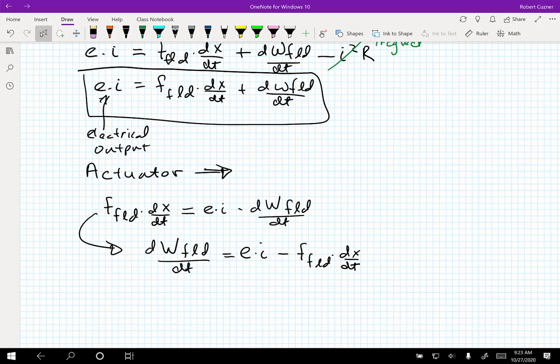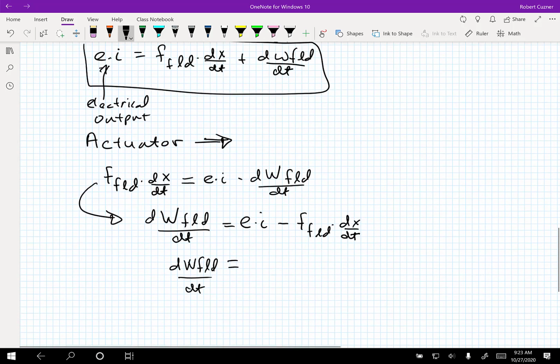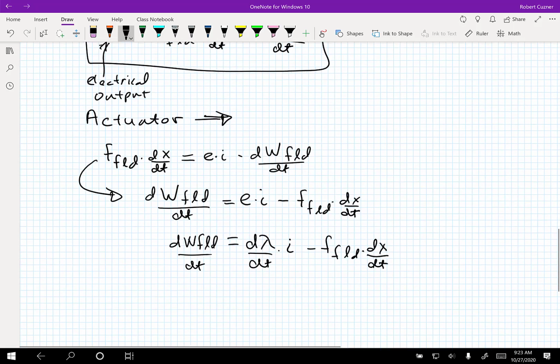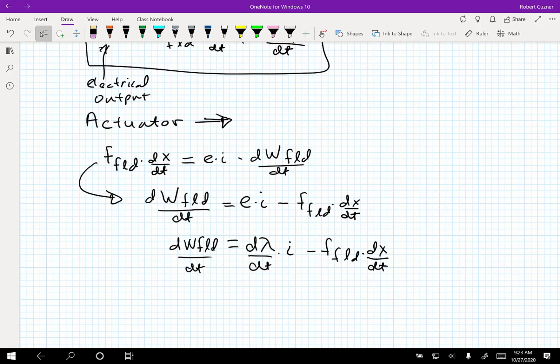And I'm going to rewrite it this way. Go back and write it in terms of flux. Now this is a little bit of a mathematical thing, but we're going to notice that we have these derivatives with respect to time on both sides of this equation, so we're just going to divide out the dt.